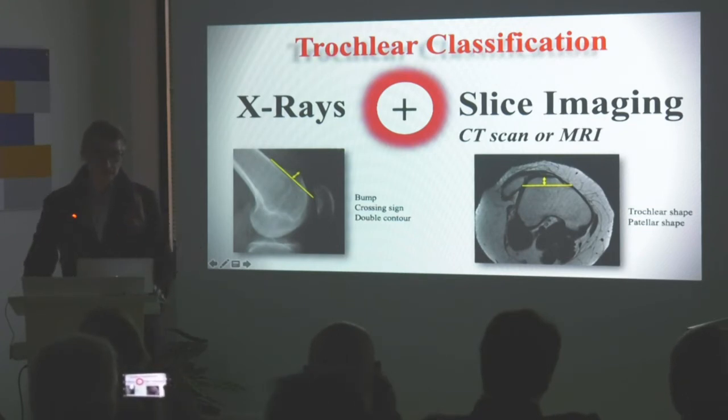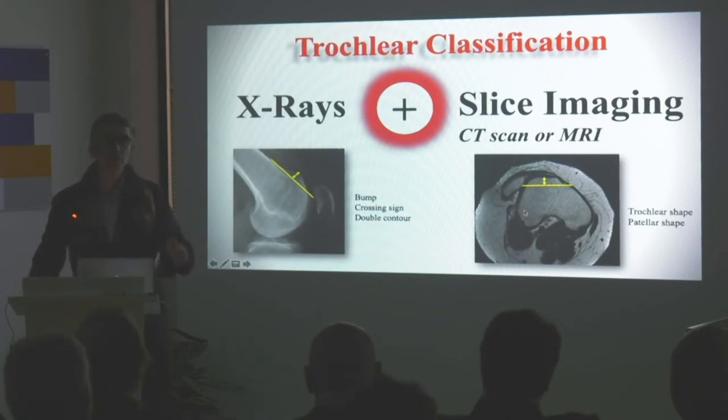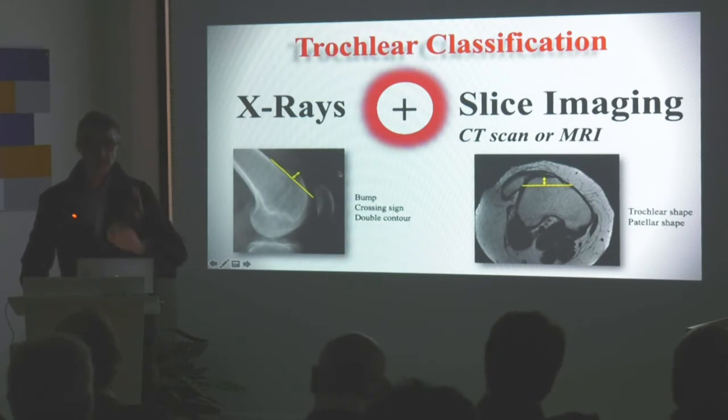So using this and this, you will be able to say A, B, C, D. Because, for example, the prominence, this big prominence, it's very tough to see that on an MRI. Very tough. On the CT, even worse. So you will miss that. So remember that if you want to classify your trochlea, you need to have X-rays and slice imaging.